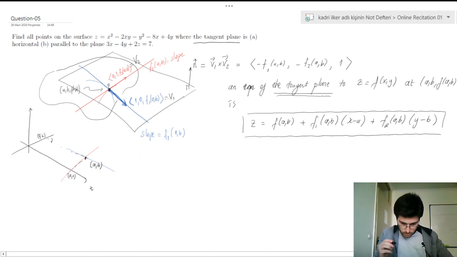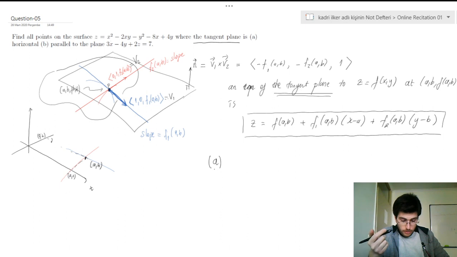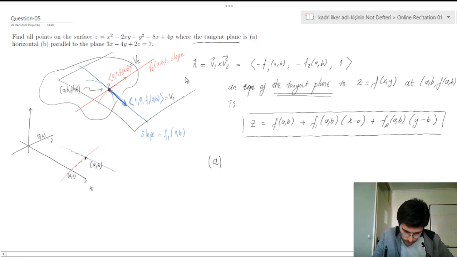Fine, so let's look at the first part of the problem, part A. So it says that just locate the possible points at which the tangent plane is horizontal. What does it mean? Maybe I should sketch this part, you will understand better, I guess.